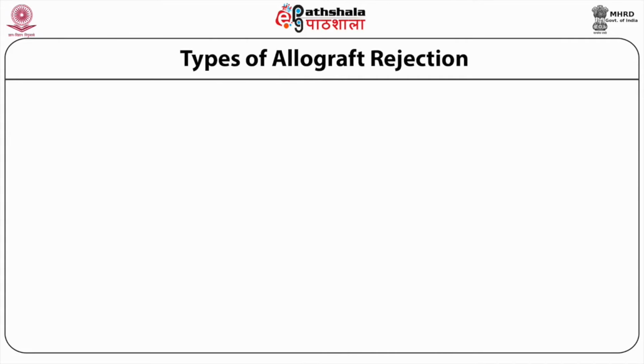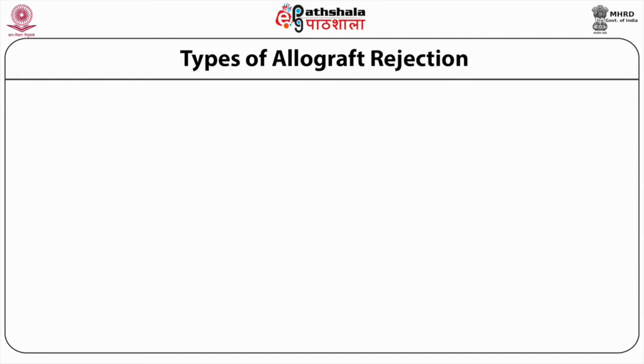Minor H antigens are peptides which are derived from the polymorphic proteins of the donor cells, which are different from the corresponding ones on the recipient cell. It is the work with kidney transplants which has led to the classification of the allograft rejection into three types.